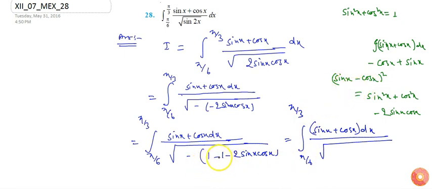So I am writing 1 minus sin x minus cos x whole square.